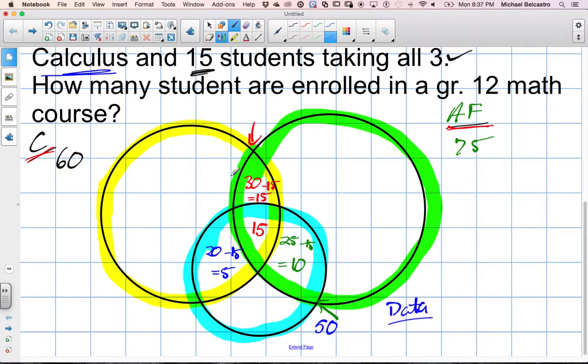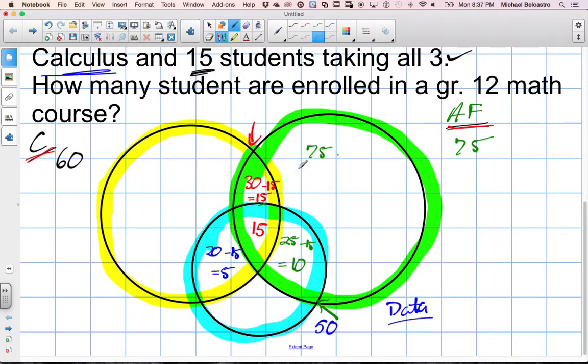So now that we have all of this information, we can use it to help us figure out how many students there are in, for instance, just advanced functions, just data, and just calculus. So we can start with our original number. We have our advanced functions. There are 75 of them. Then there are another 15 who are taking both. Let's go down the line and subtract vertically.